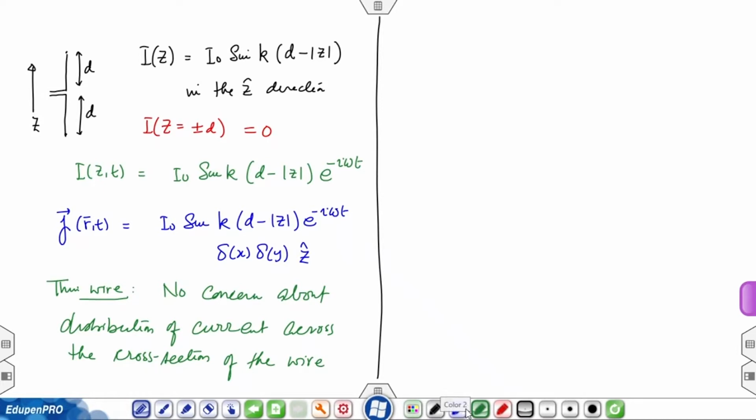Now, we will again go the same route as we have been doing. We will calculate A and phi, but first let me write what the corresponding charge density would be.